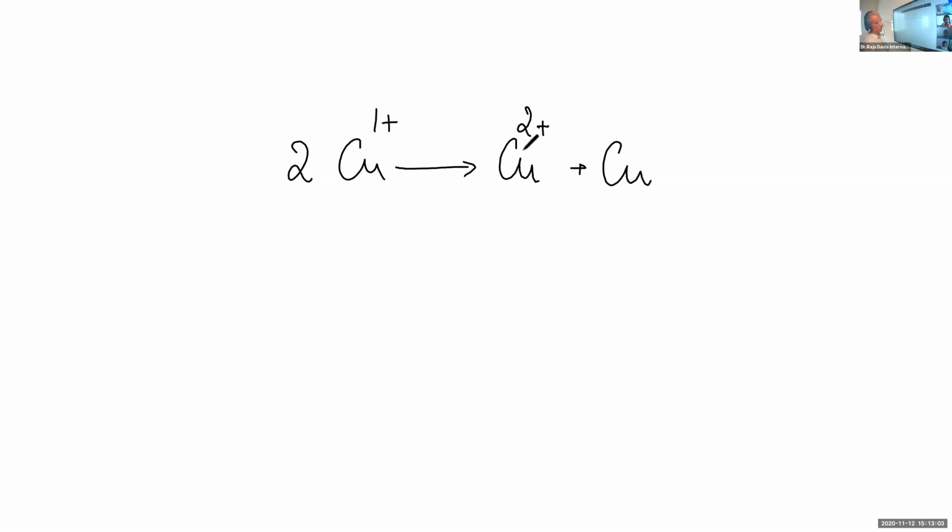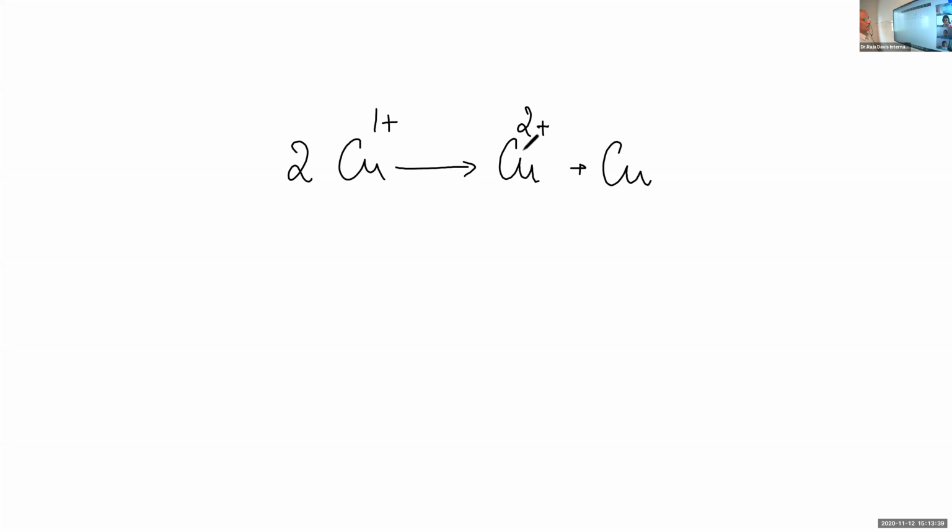Cu plus 2 ion, copper 2 ion, is called a cupric ion. Cu plus 1 is called a cuprous ion.